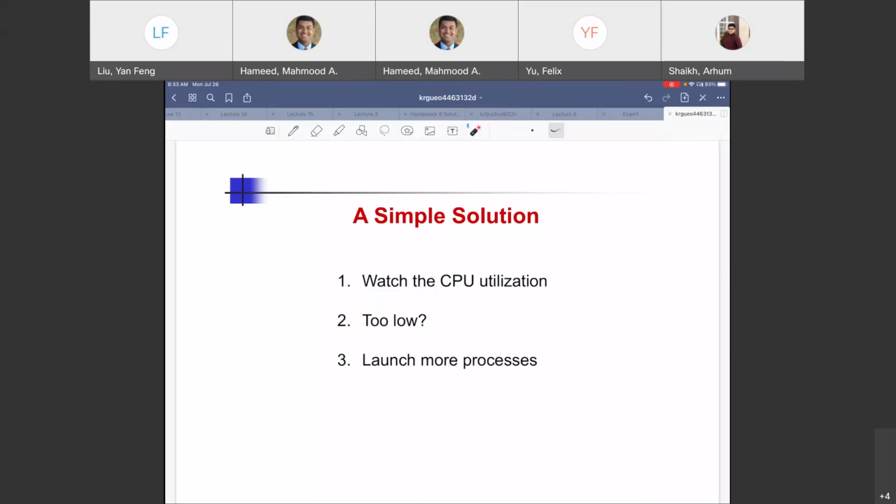But of course, the problem is that if you increase that number to too many, then they have to split the physical space, and we will have thrashing again. But this can be a simple solution to get started, like at the initial stage. So watch the CPU utilization. If it is too low, launch more processes.